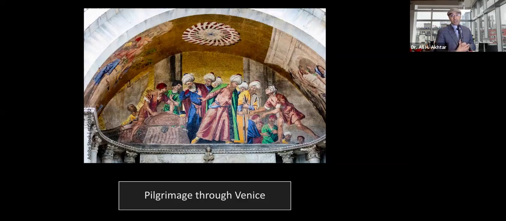And in this case, this is a representation of rulers in Alexandria in Egypt who are shocked that they have now lost one of their prized possessions, the body of Saint Mark.